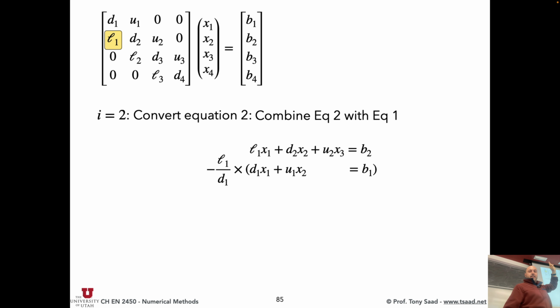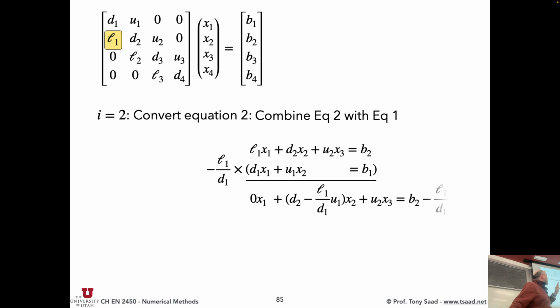So I've modified equation 2 by subtracting from it L1 over D1 times equation 1. That gives me a new equation 2. It changes the coefficient for x2 and the right-hand side, but I don't have x1 anymore. So I got rid of L1.